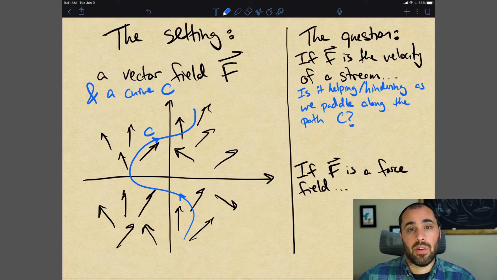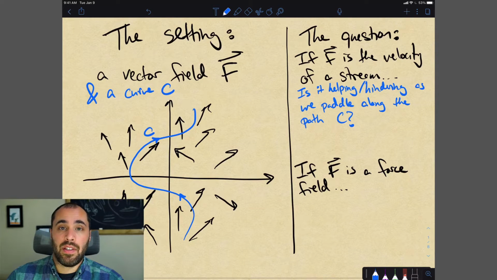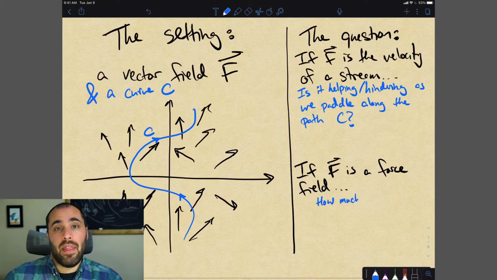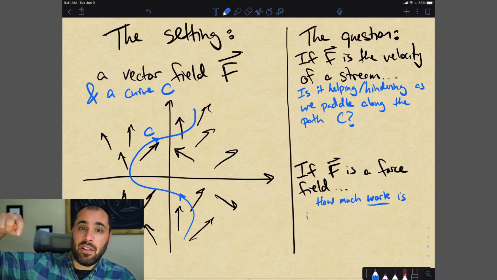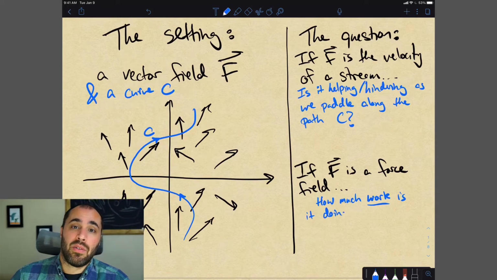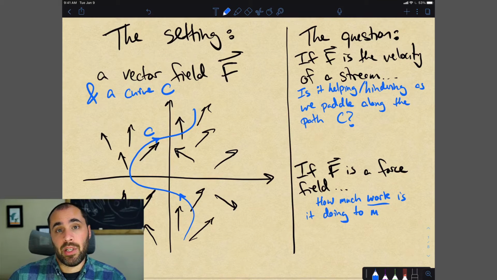Or in a more physical sense, if f is a force field, that is, each vector represents the direction and magnitude of the force at that point, then if the force is pushing a mass along this curve C, how much work is it doing? And remember, when we talk about work, work is force times displacement.